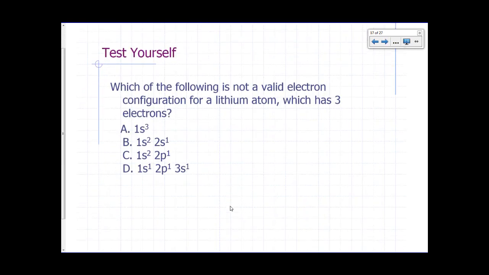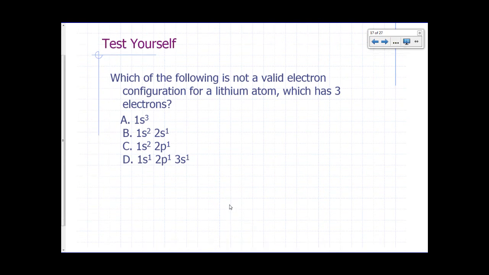Okay. Which of the following is not a valid configuration for a lithium atom, which has 3 electrons? 1s3, 1s2 2s1, 1s2 2p1, 1s1 2p1 3s1. Right here, you can immediately say that that can't be right. So this is the correct answer. It's not valid.